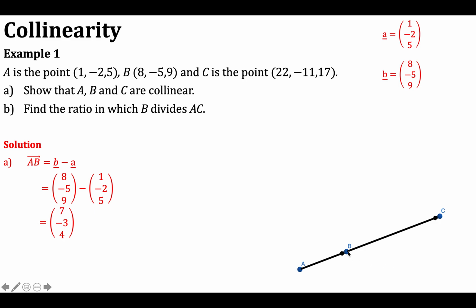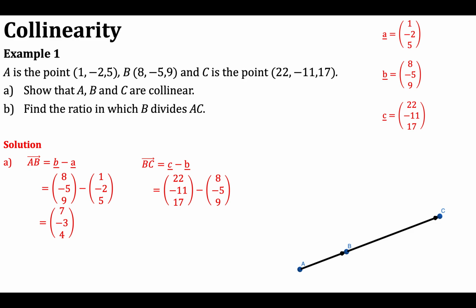Next, we need to find the vector which joins the points B and C. So vector BC is position vector C minus position vector B. That's (22, -11, 17) minus (8, -5, 9). And that gives us (14, -6, 8).